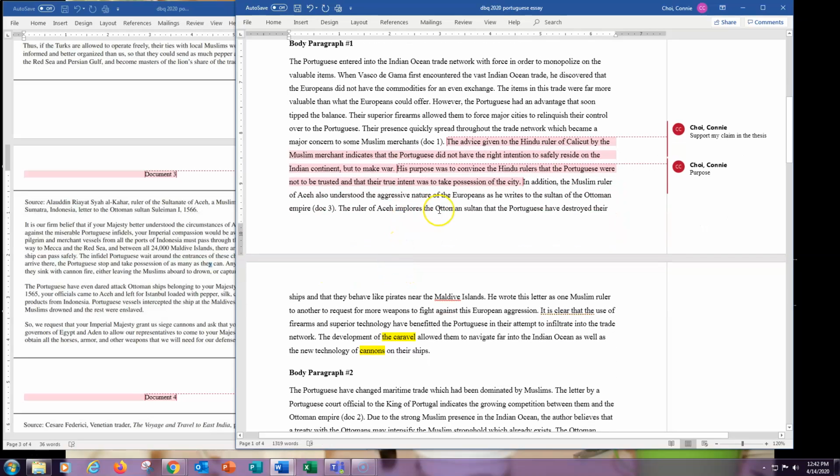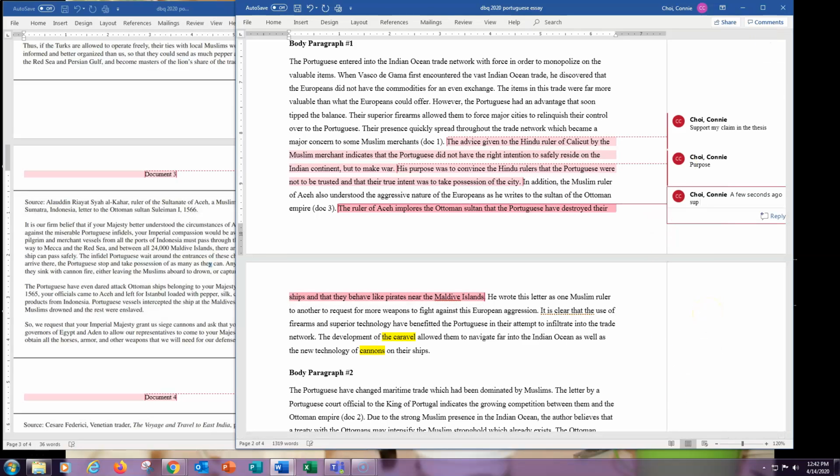The ruler of Aceh implores the Ottoman Sultan that the Portuguese have destroyed their ships and that they behave like pirates near the Maldive Islands. So here I am connecting this to support my claim in the thesis that they are aggressive.